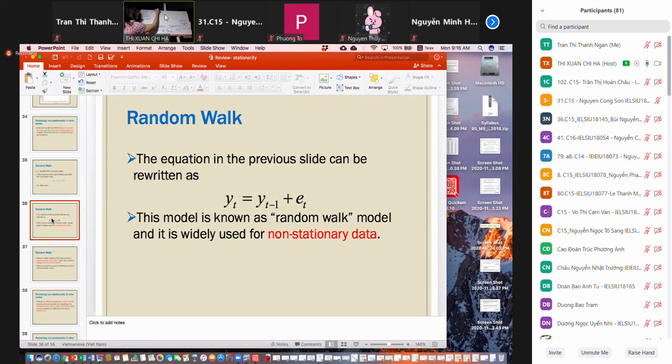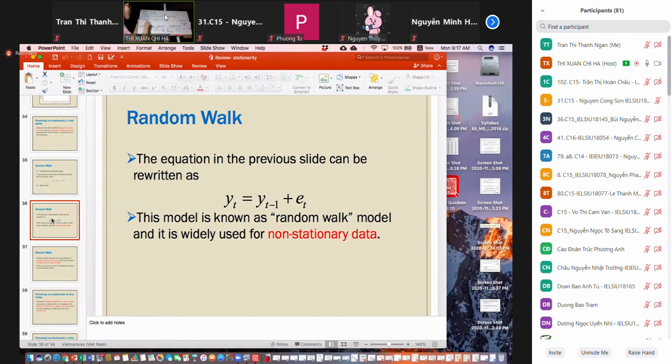That represent P, that is Q, that is PQ, that is PDQ, right? So for the mixed model here, your data must be stationary.